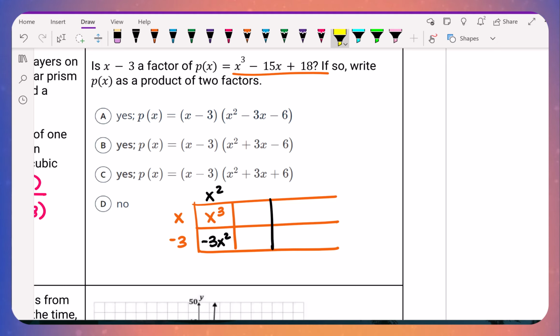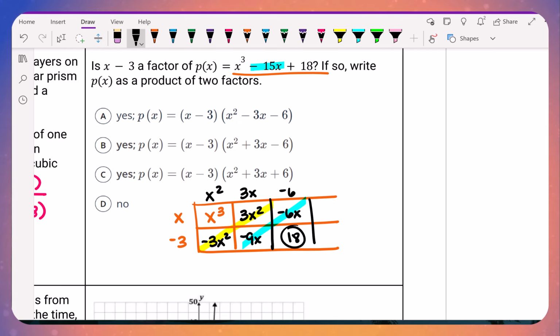Okay, remember your diagonals need to match what you're dividing into. I don't have an x squared term, so I'm just going to cancel that out to make it 0x squared, and then work backwards again. This time I do have a linear term, so this needs to add up to be negative 15, which makes that 6x.